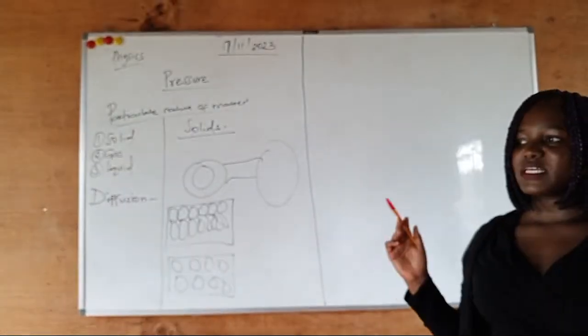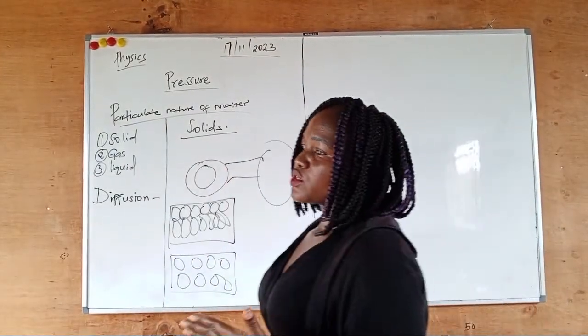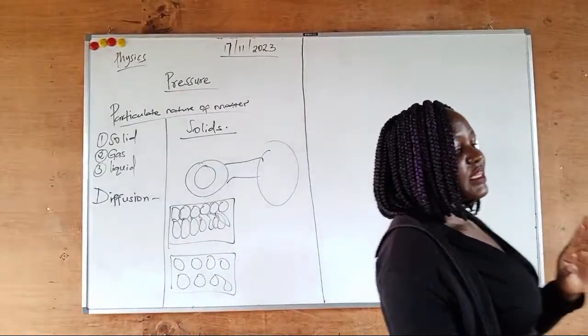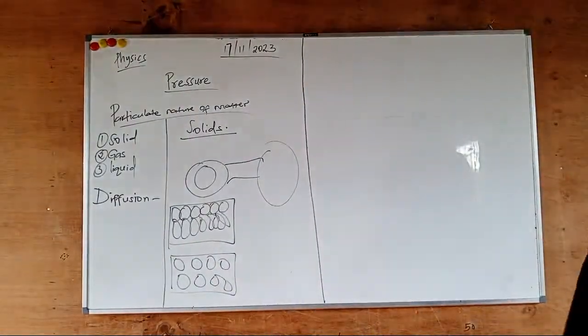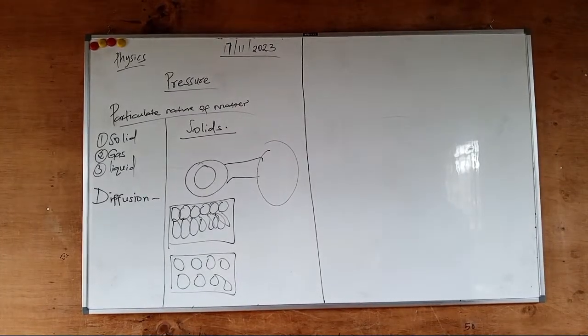Obviously, the atoms, the electrons, the molecules, they are ever moving. So when those smoke particles come into contact with them, they will also gain that momentum. So, yeah. So tuingie kwa pressure.